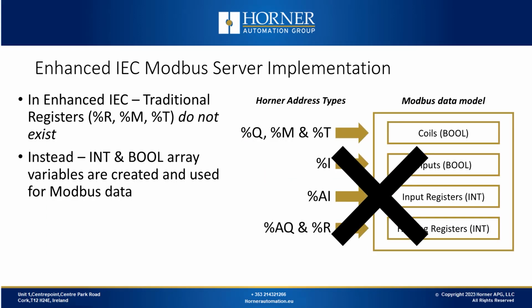With enhanced IEC, there are no traditional underlying registers like %R, M, or T. Thus, the standard memory map between Horner and Modbus won't work. Instead, int and bool array variables are created and used for Modbus data.